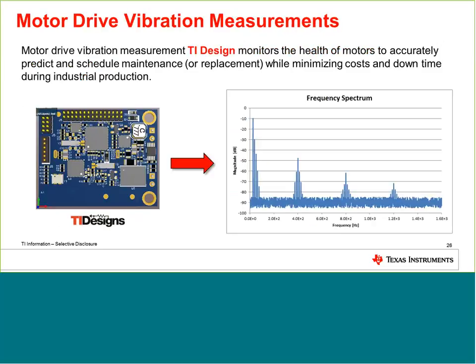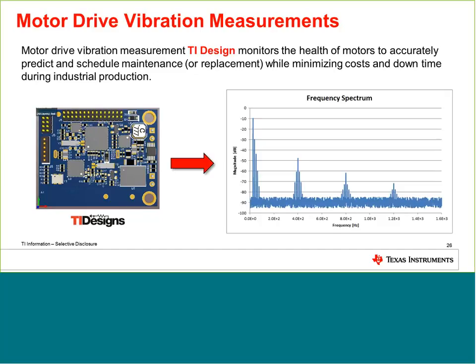So what we do here, there is a TI design that will, for example, measure motor vibrations. Based on motor vibrations, we can detect the health of the motor very accurately, because we can look at the spectrum, FFT, basically, of this vibration, and at certain frequencies.